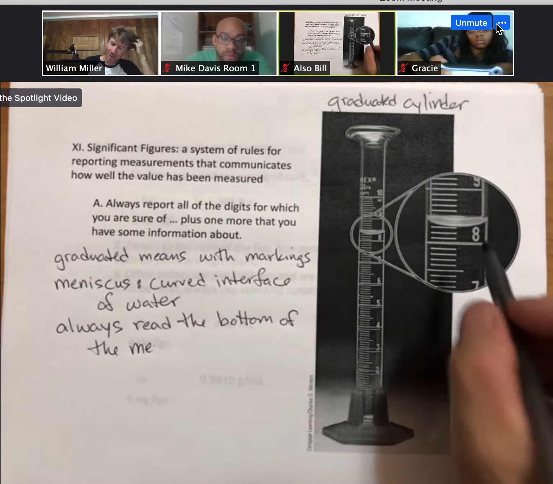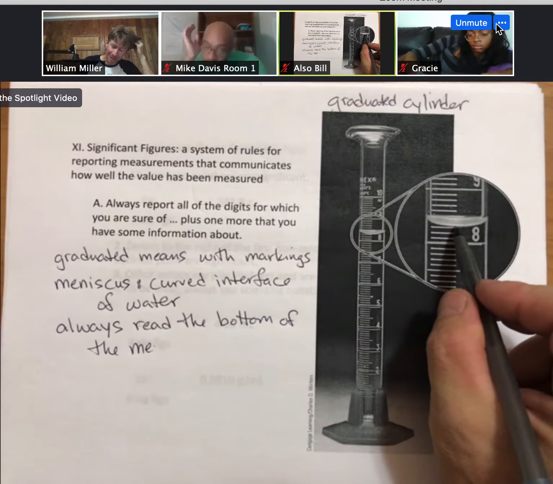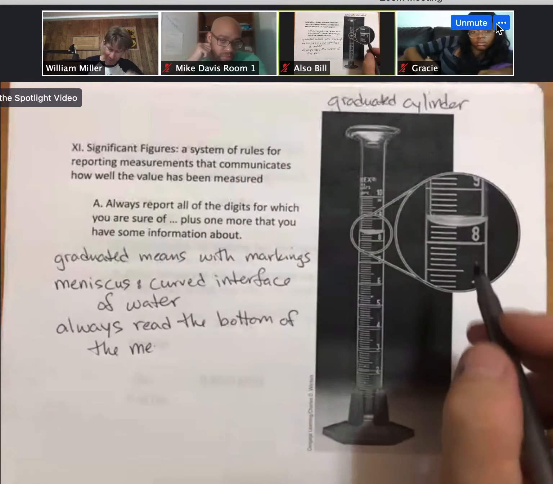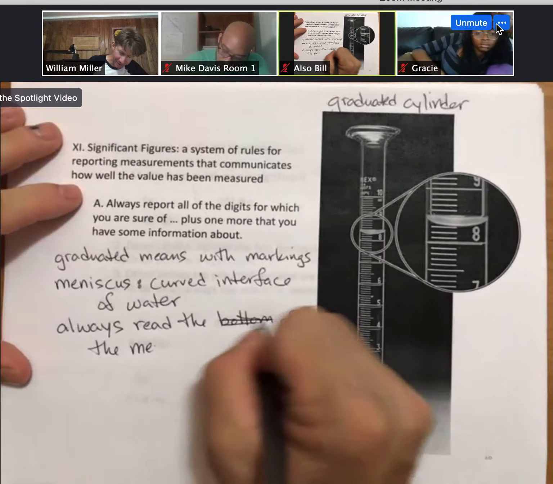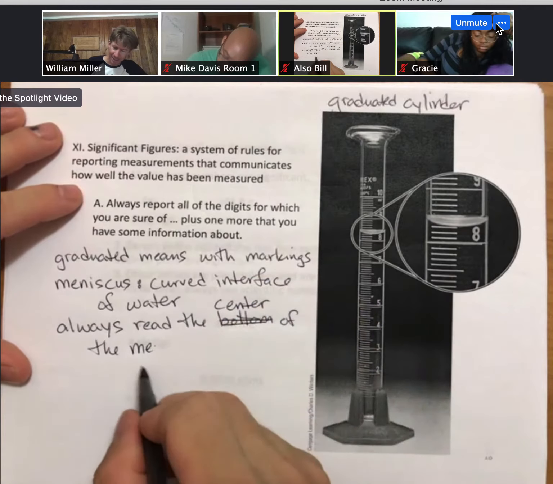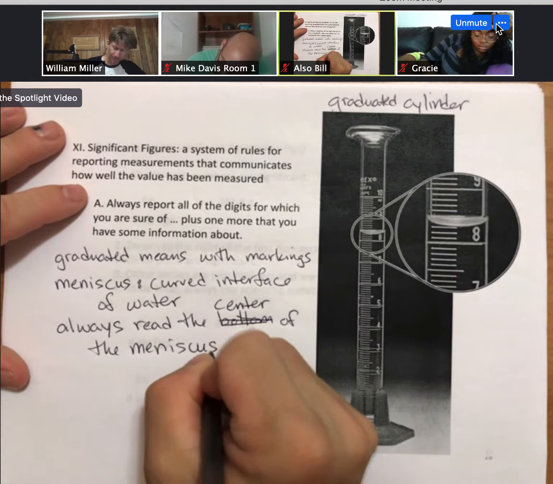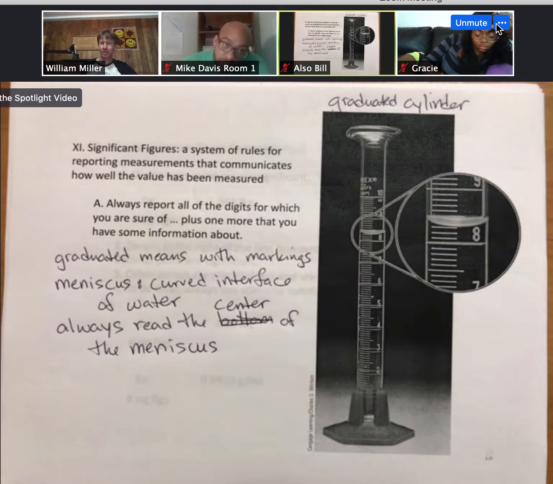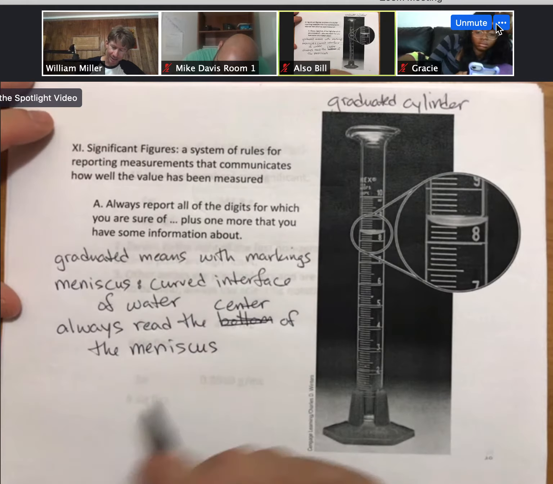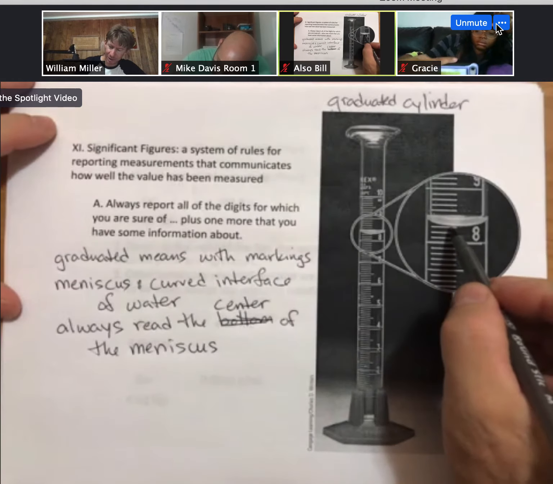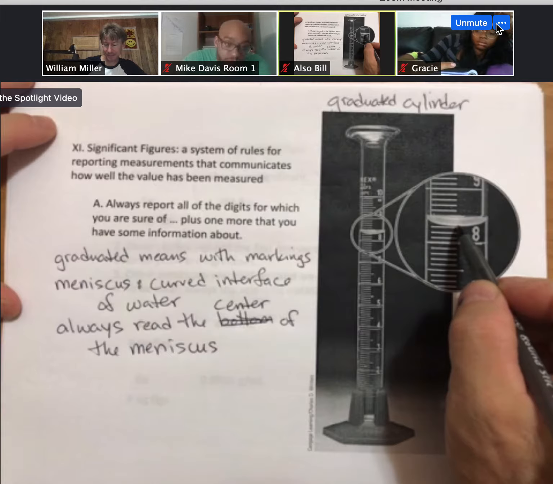Okay, so let me change that just a tiny bit to always read the center of the meniscus. Sorry about that. The center of the meniscus. And it just so happens that 99% of the time, the center of the meniscus is also the bottom of the meniscus.